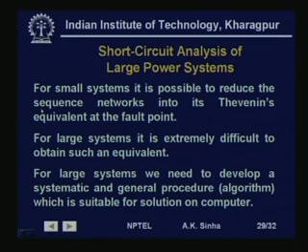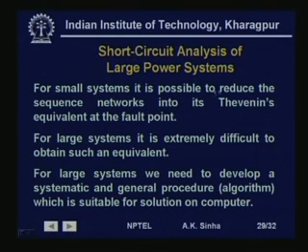However, this does not work very well for large systems, because here we need to find the reduced passive network at the fault point, which is very difficult to obtain for large systems. For small systems it is possible to reduce the sequence network into its Thevenin equivalent at the fault point, but for a large system, which has a large number of lines and nodes, that is bus bars, it is extremely complex.